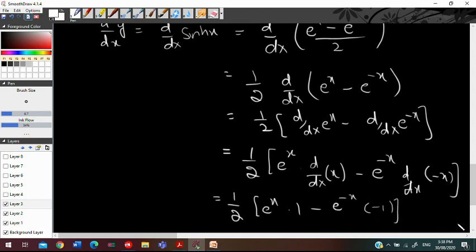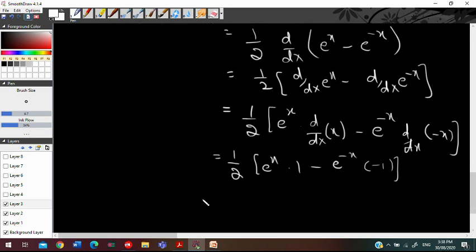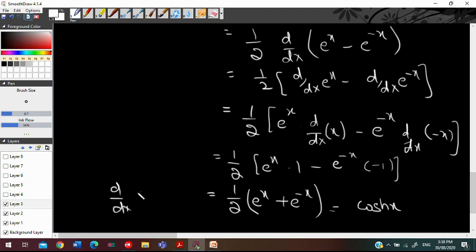When we simplify this, we have 1 by 2 times exponential of x plus exponential of minus x, and you can see this is the formula of cos hyperbolic of x. So through this derivation, the derivative of sine hyperbolic of x is cos hyperbolic of x. By doing the same calculation, you can find the formulas for all six of these hyperbolic functions.